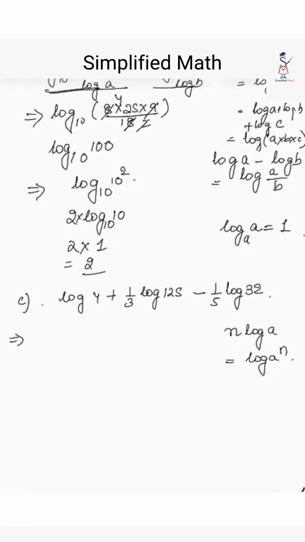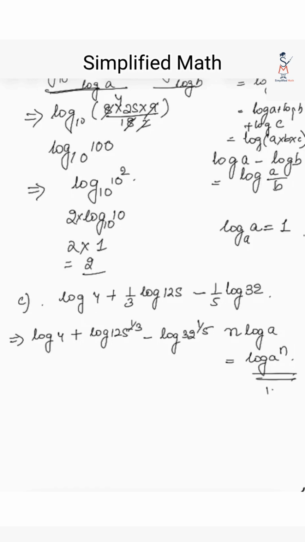So log 4 I'll write as it is, plus log 125 raised to the power 1 by 3 minus log 32 raised to the power 1 by 5 by applying this rule. Now what is the case? 125 is raised to 1 by third power.